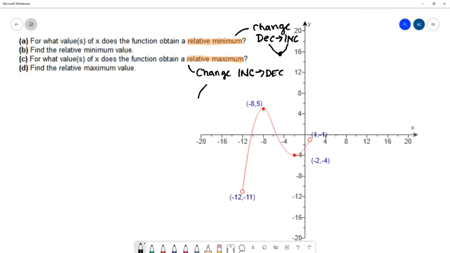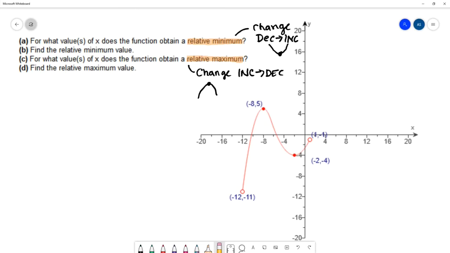So first we want to analyze the graph for increasing and decreasing, and then we'll see if there are any changes. And if we notice changes, then we have a relative minimum or maximum value.